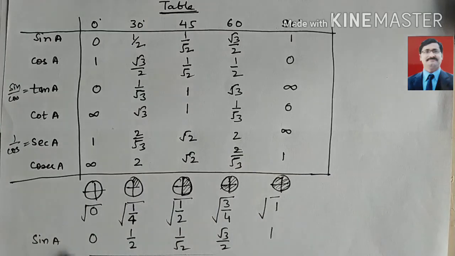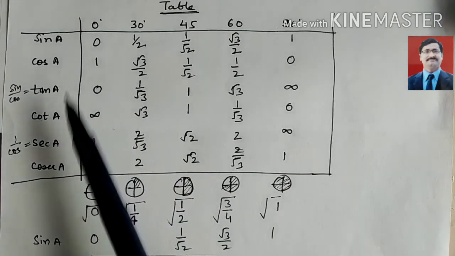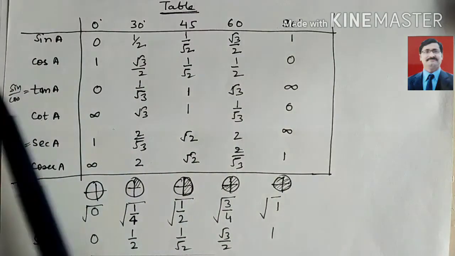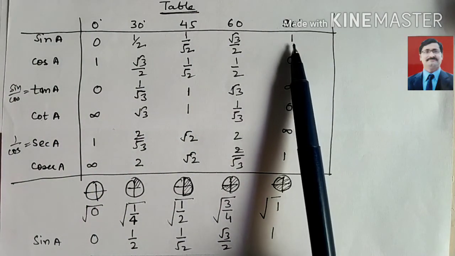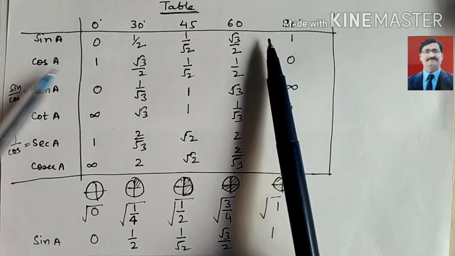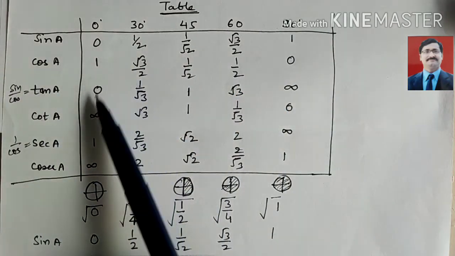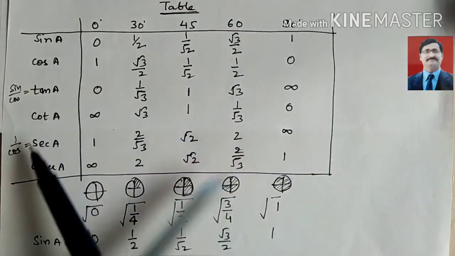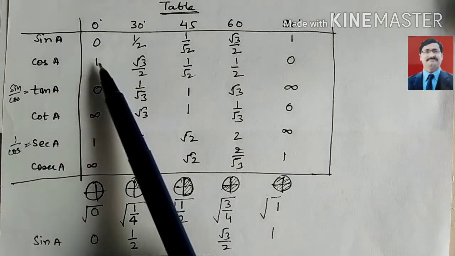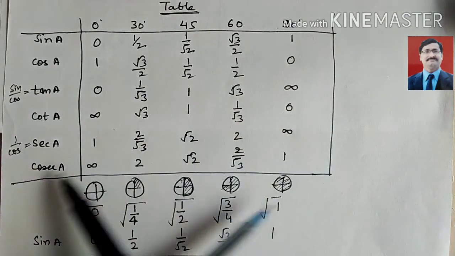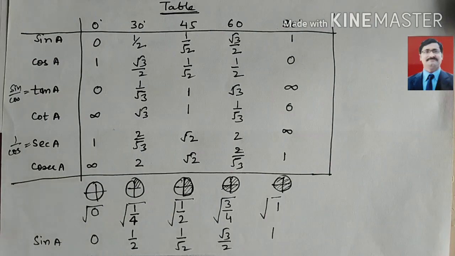Take the square root of these for the value of sine theta: root 0, root 1 upon 2, root 3 by 2, and so on. Then cos you write the same, reversed. Tan is sine upon cos. Then sec is 1 upon cos, the reciprocal of cos. This way you can find the table.